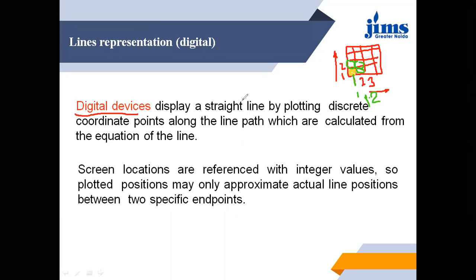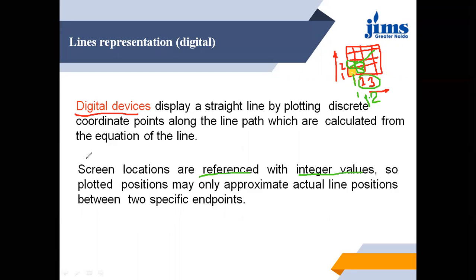It displays a straight line by plotting discrete coordinate points along the line path, which are calculated from the equation of a line. Suppose I have to draw this line from here to here. So this cannot be straight. As screen locations are referenced with integer values, the coordinate systems are designed using integer values.